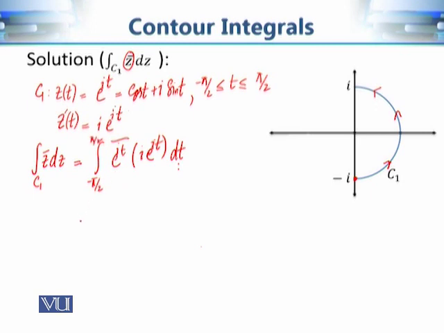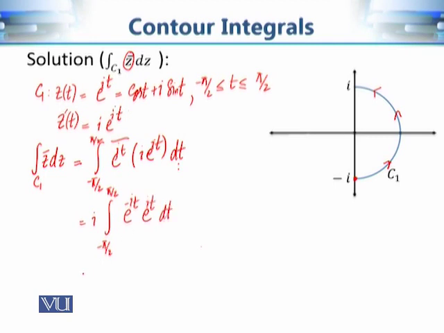Now, evaluating this is a relatively simple task. Minus pi by 2 to pi by 2. This is going to be equal to e raised to power minus iota t, because the conjugate of e raised to power iota t is e raised to power minus iota t, times e raised to power iota t dt.